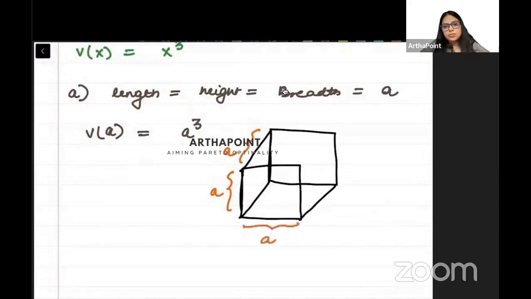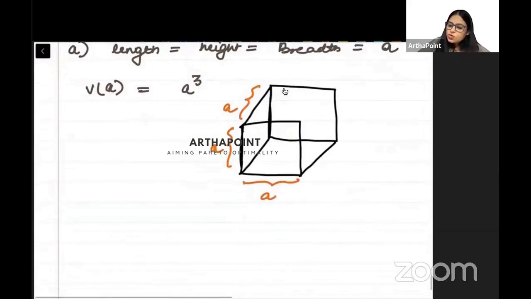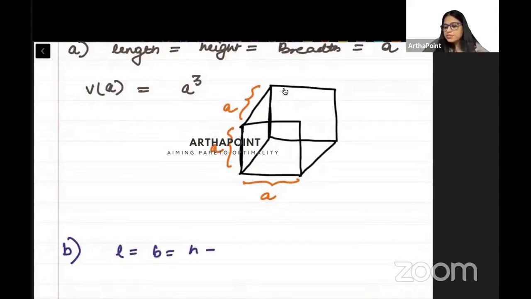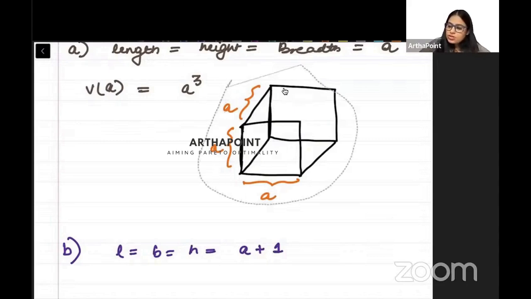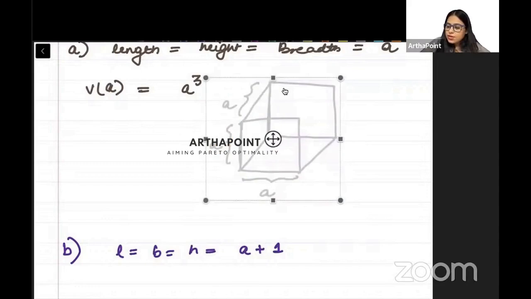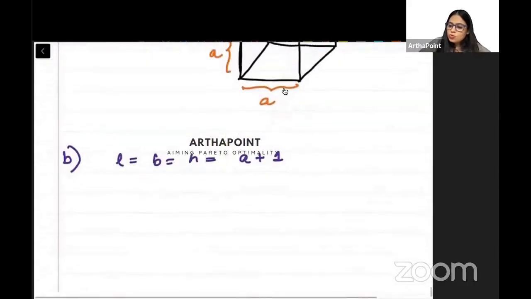है ना? Now suppose I ask you that find the volume of the cube जिसका length, breadth and height has been increased by 1. मतलब ये थोड़ा enlarged हो गया है. So if I were to pick up on this cube, मैं इसी cube को पकड़ती हूँ.